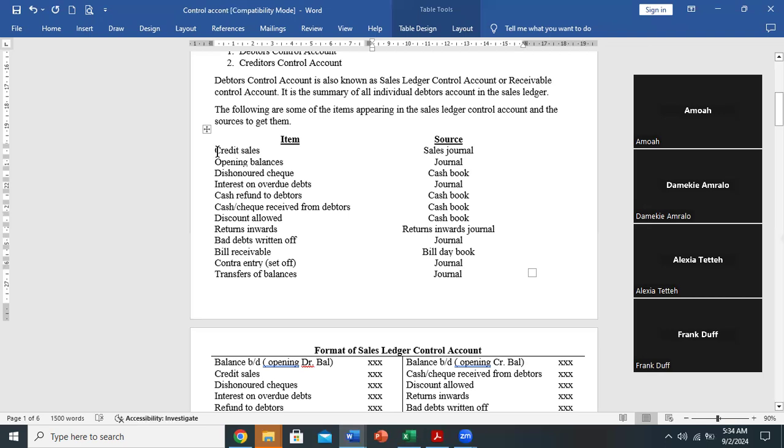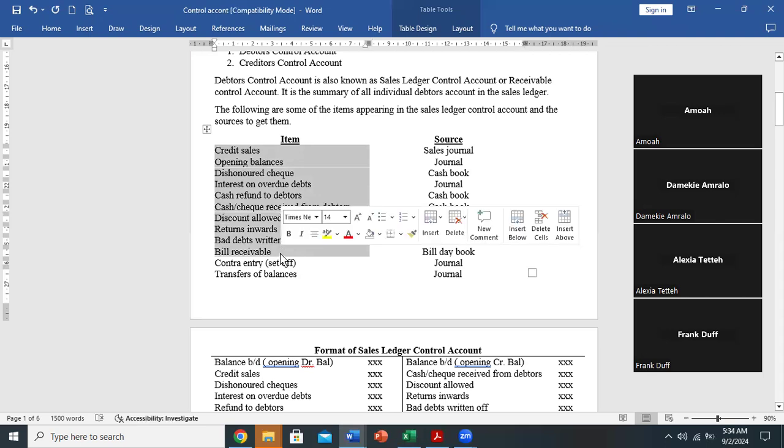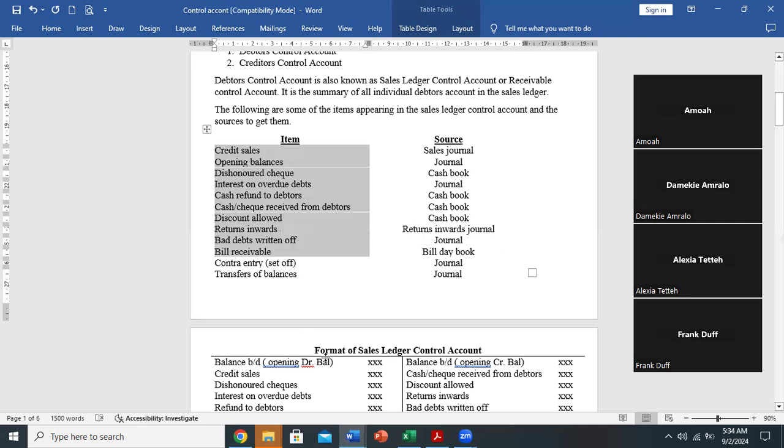Some of the information on our debtors are what we have here: credit sales, bad debt, discount allowed, all those things that affect debtors by way of increasing or decreasing their balance. The point I just made is that if the item increases the debtors' balance, you debit it, and if it decreases it, you credit it.